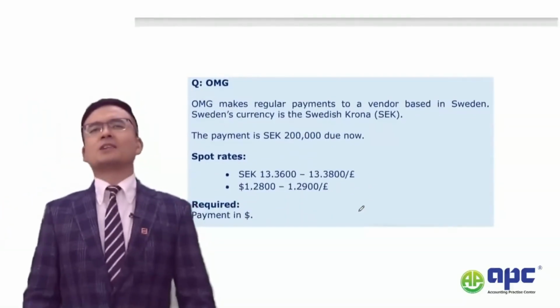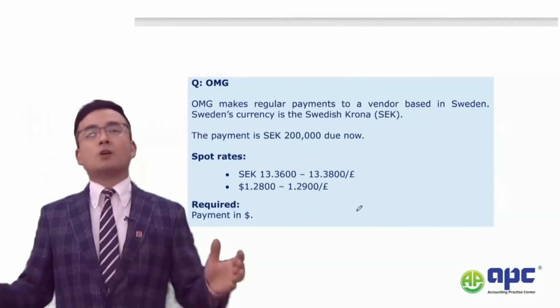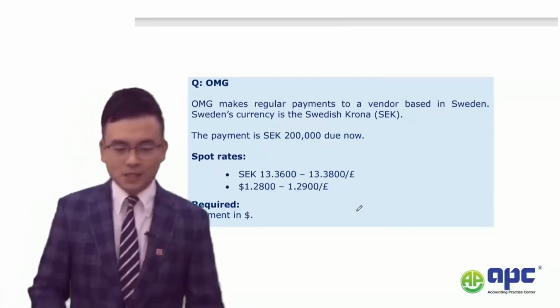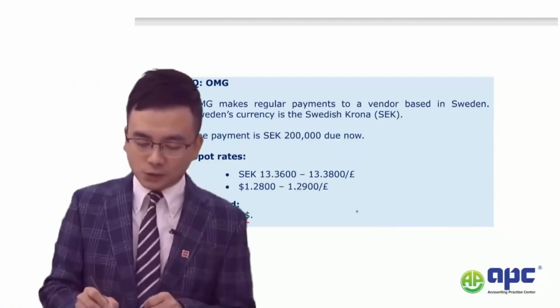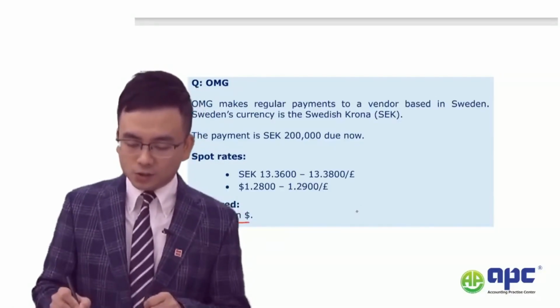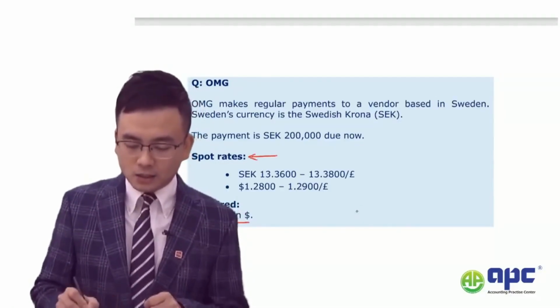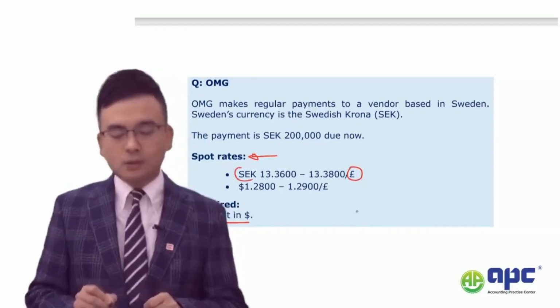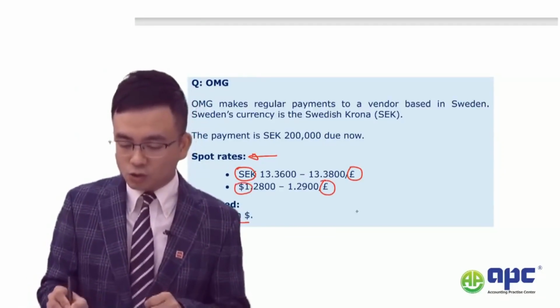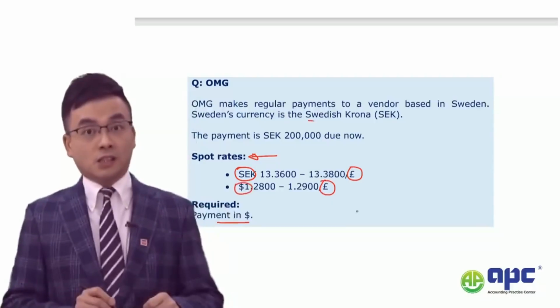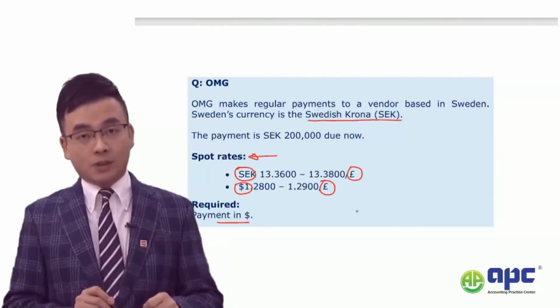Now, let's see the question that is created, called OMG. We need to work out the payment in dollars, but when we see the spot rates, we cannot see any dollar to the SEK, or the Swedish krona currency, that we are dealing with here.